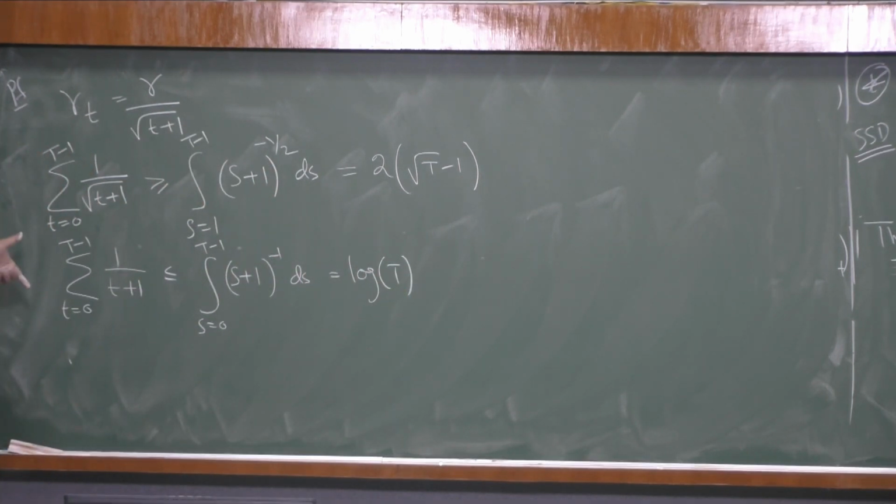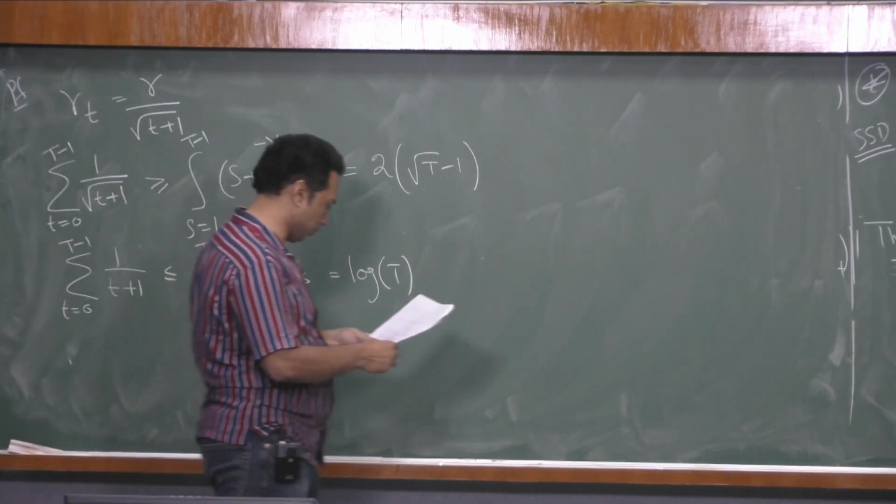So we have an upper bound on the sum of gamma t squared from here, and a lower bound on the sum of gamma t.